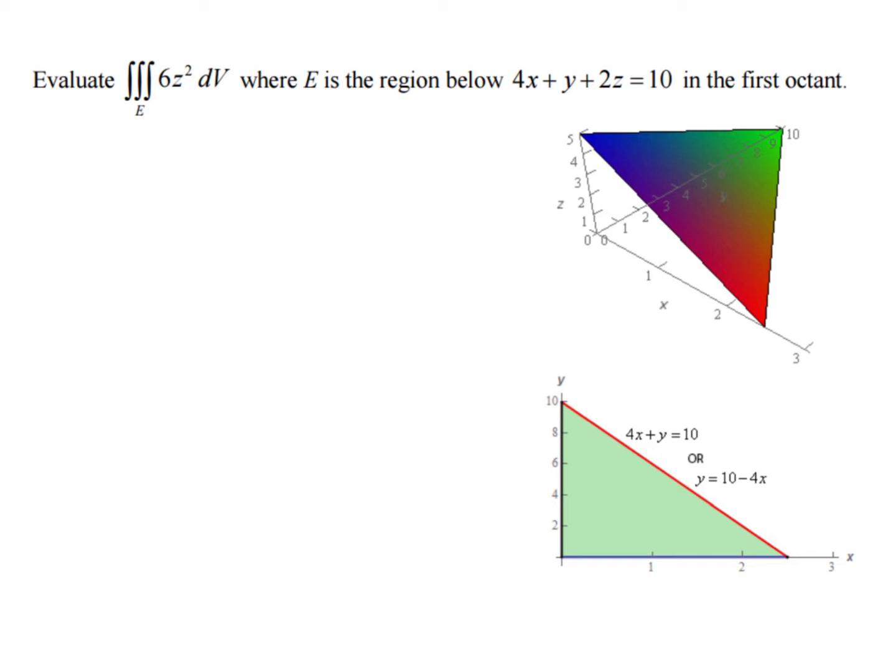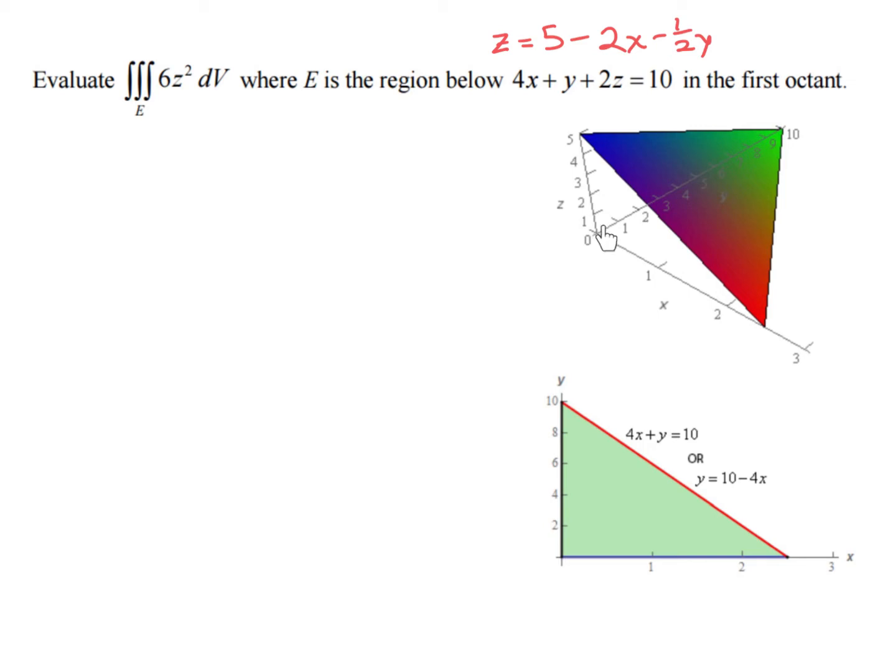Subtracting everything over and dividing by 2, we would have 5 minus 2x minus 1/2 y. That would be our z equals. Again, keep that in mind: you can only have the variables that aren't the differential.